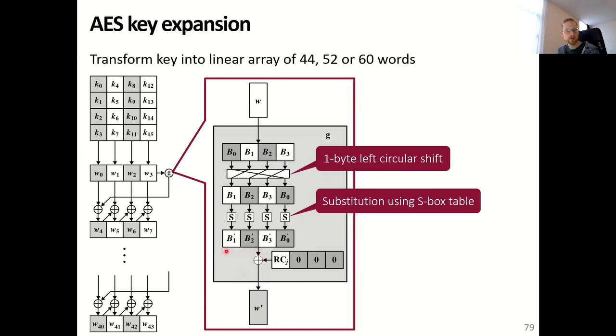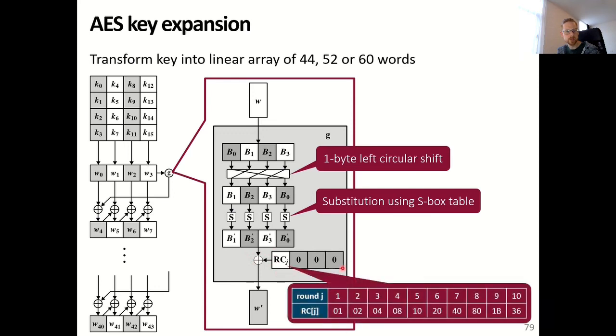Finally, the 4-byte word is XORed with a constant. This constant is different in every round, and here you see the example when we have 10 rounds of AES, which is the case with a 16-byte key. In the first round, the value of this constant is basically 01 in hexadecimal followed by 3 zero bytes.